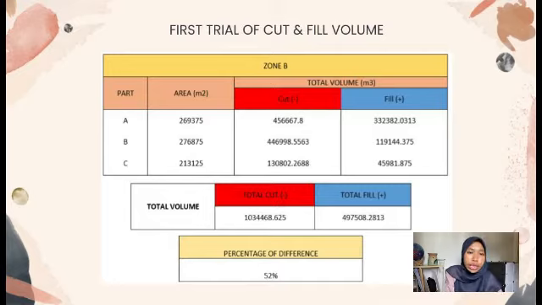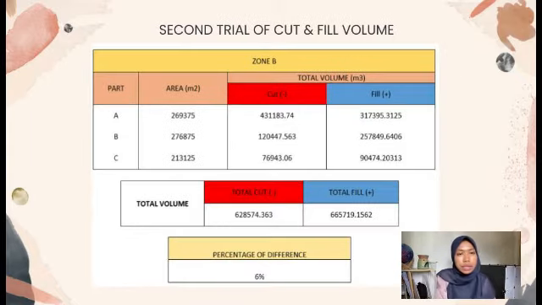specific grade. At the first trial, we calculated the percentage of difference and obtained 52%, which exceeds the allowable percentage of difference. Thus, we must make a second adjustment to obtain a value within the acceptable range, which is less than 15%.